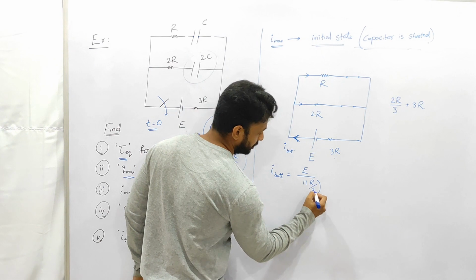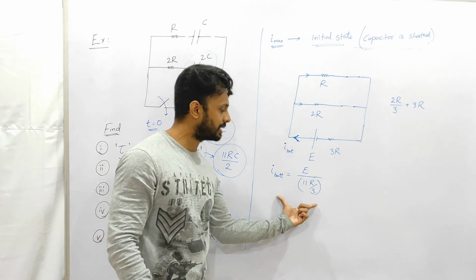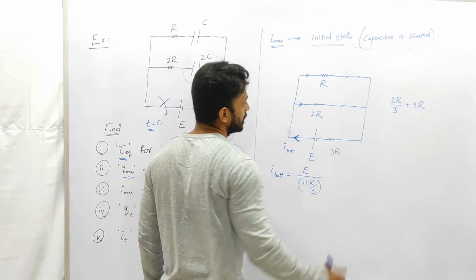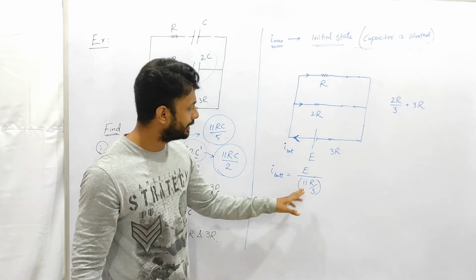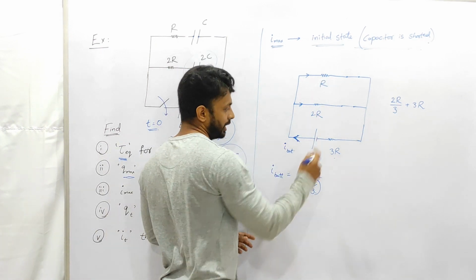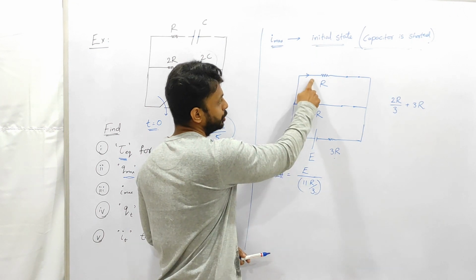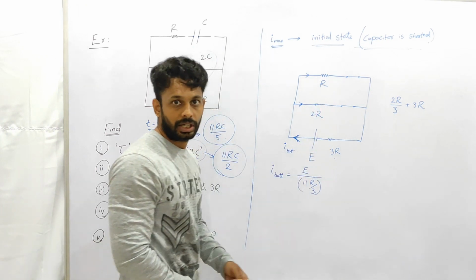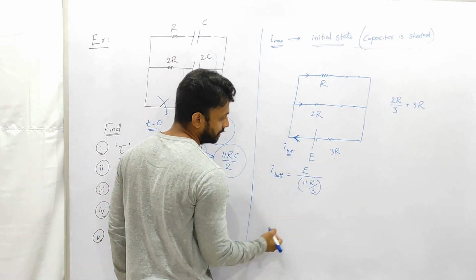So that is the current passing through the battery, or the maximum current passing through the battery. Now across this, how much current will be flowing? And as these R and 2R are connected in parallel, here one part and here two parts will flow, inversely proportional to the resistance, out of this current through the battery.